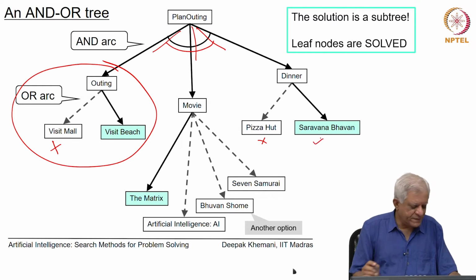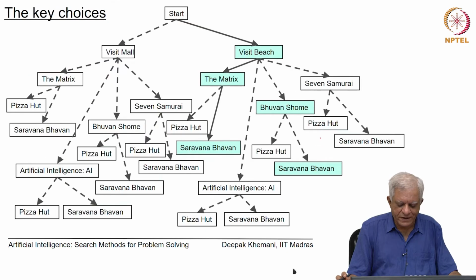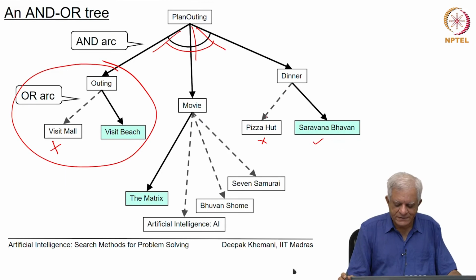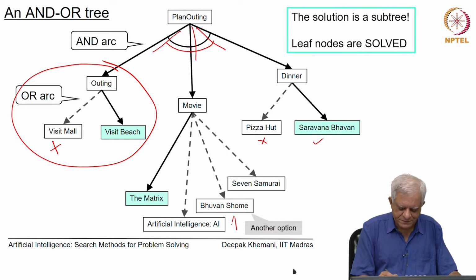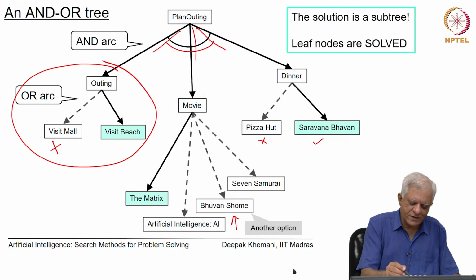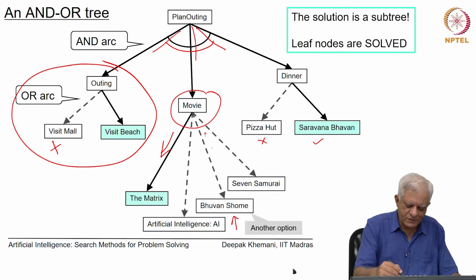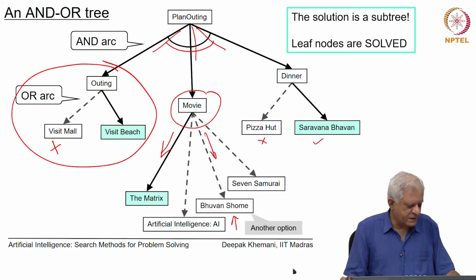But we had seen in the space that we were looking at earlier that Bhuvan Shome would have been a candidate film as well, and that is reflected here in saying that it is another possible choice. So, you could have 2 solutions, and the movie choice could have been either Matrix or Bhuvan Shome, and you would have a subtree which is a solution.